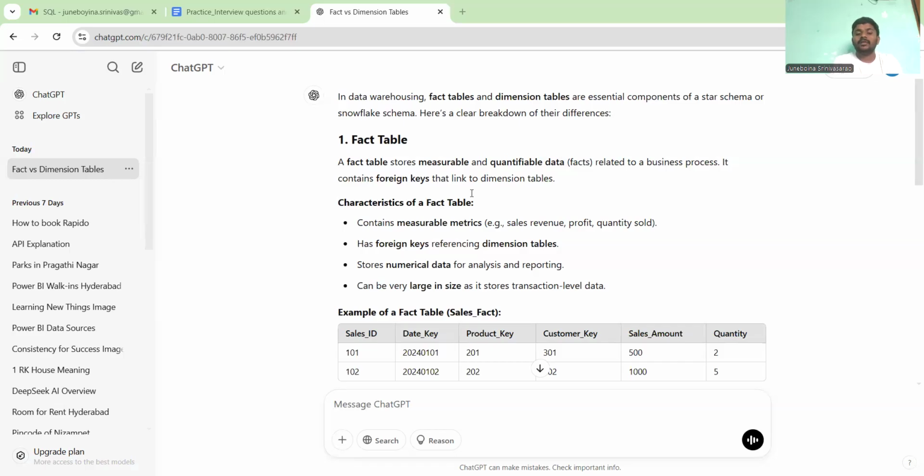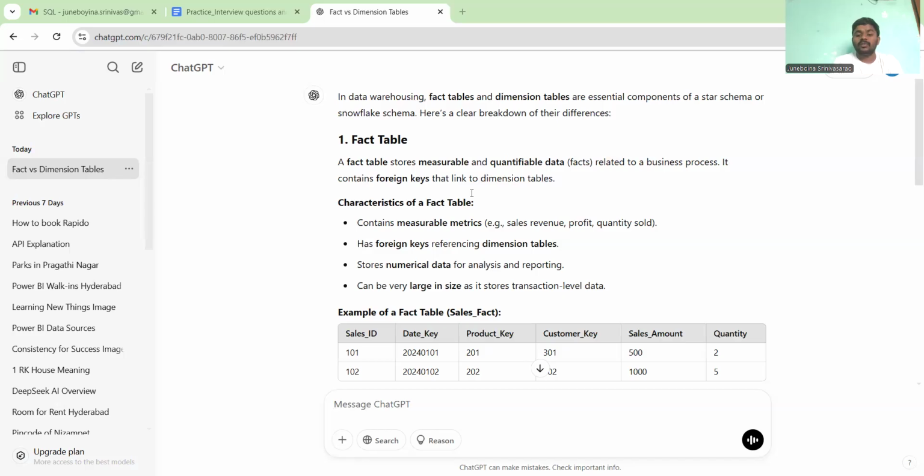Dimension table contains primary keys. The columns presented in the dimension table are linked with the keys. The primary keys presented in the dimension table are linked with the foreign keys presented in the fact tables.